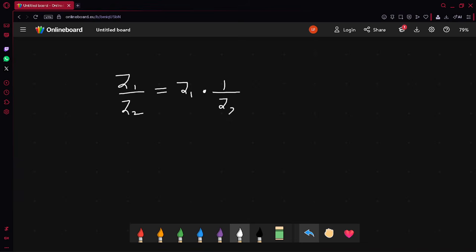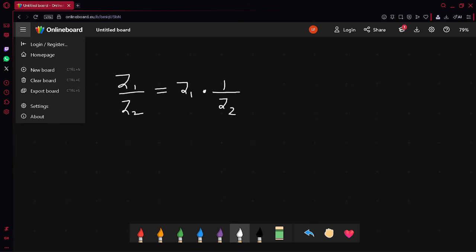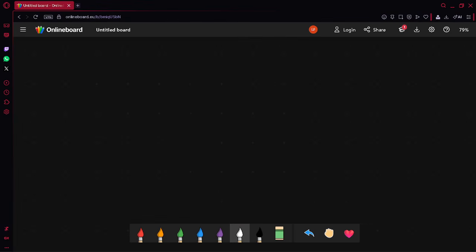Now, isn't this pretty obvious? It looks pretty obvious. But what does it actually mean? Like, we know that z1 over z2 is equal to z1 times 1 over z2, but what does that even mean? And now here, we have to learn a topic called a conjugate.